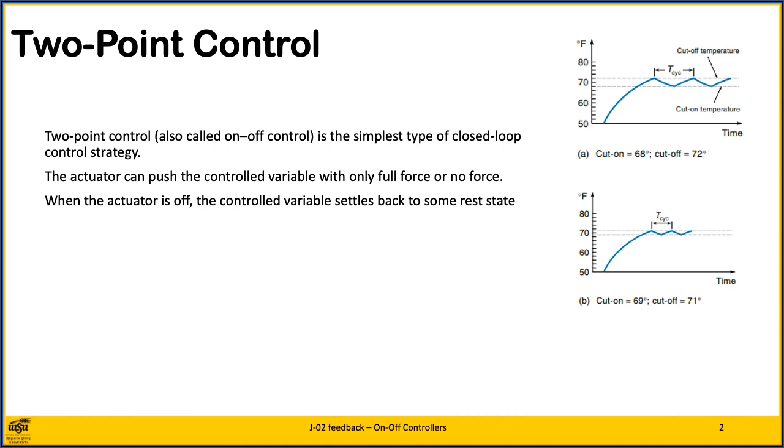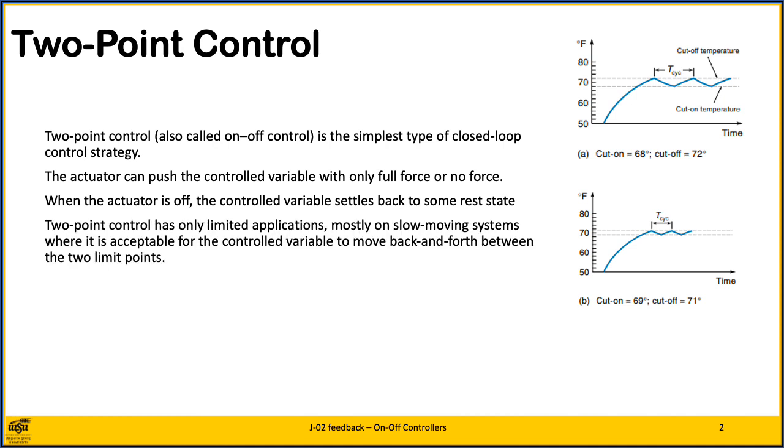If the limits were moved closer together, say 69 degrees and 71 degrees, the temperature would be maintained closer to 70, but the cycle frequency would increase, as is illustrated in figure B. Generally, a high cycle rate is undesirable because of wear on motors and switches. Consequently, two-point control has only limited applications, mostly on slow-moving systems where it is acceptable for the control variable to come back and forth between the two limit points.